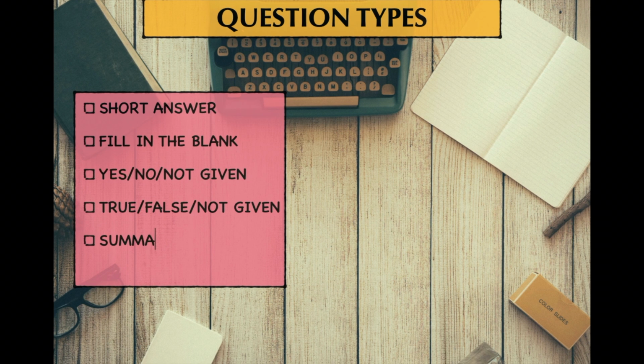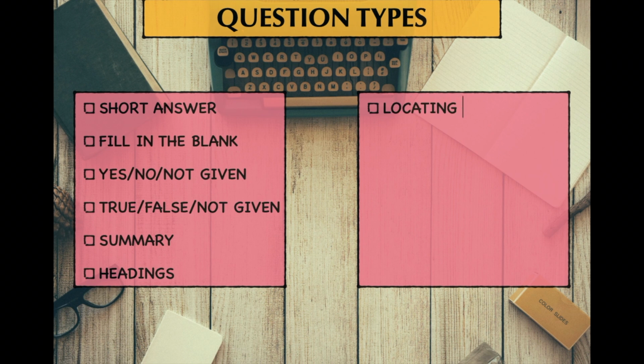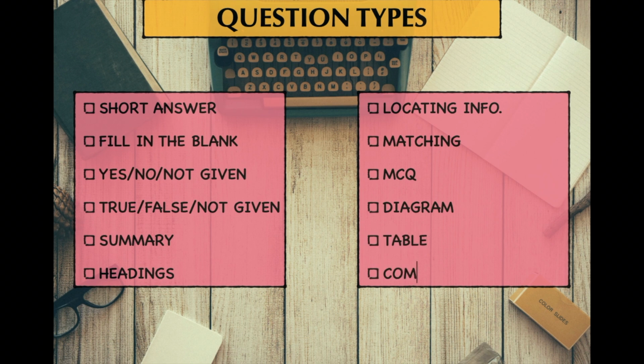Then we have summary question type, after which headings. Then you may face locating information type of question in your exam. Then we have matching question types, after which you have multiple choice questions. Then you can face a diagram question in the real exam. Then you may face a table. At last, you can also face a completion type of question.